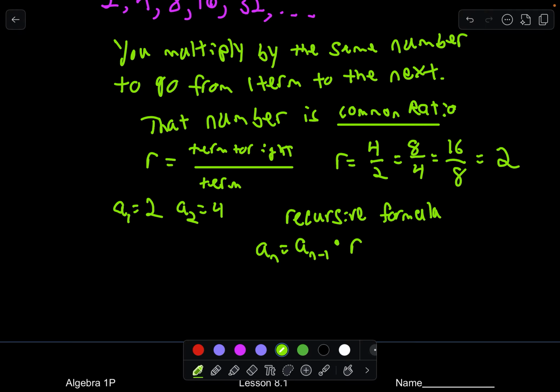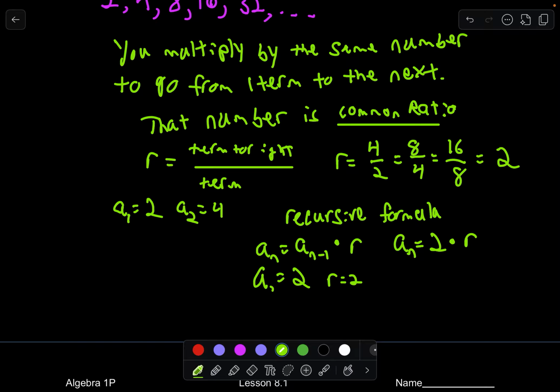So in this case, A sub 1 is equal to 2, and R is equal to 2.